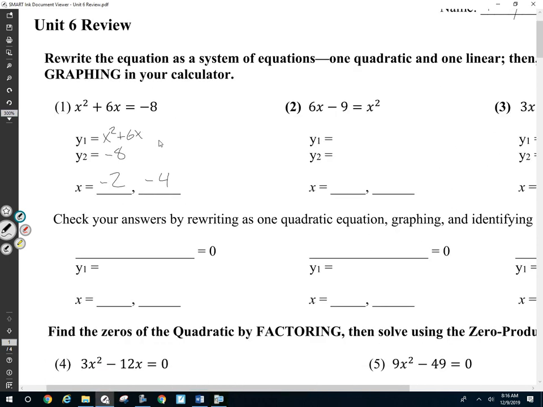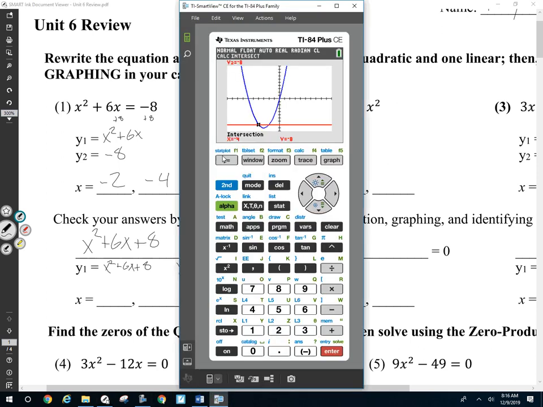However, you could have, and this is what we'll have to do for all quadratics other than graphing, add 8 to both sides. Now when you add 8 to both sides, you get x squared plus 6x plus 8 equals 0. You could have graphed y equals x squared plus 6x plus 8, as well as y equals 0, and you would have found the same solutions.